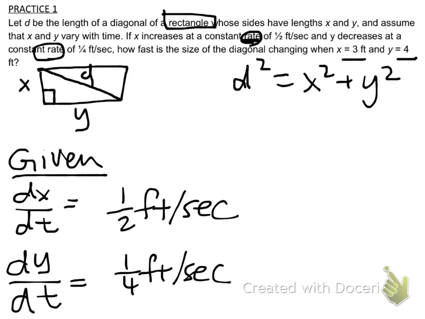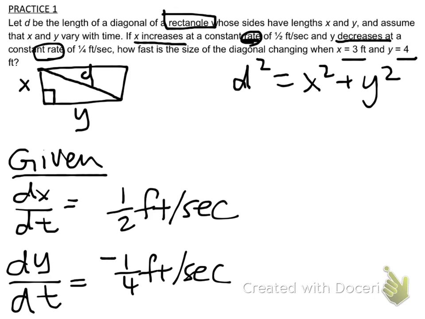Now, one thing that's really important that we haven't really looked at before: x is increasing, which means that x is getting bigger. However, y is decreasing at this rate, which means that actually the length of y is getting smaller, and the rate of y is going to now be negative. Okay, so if something is getting smaller, the rate is going to be negative.